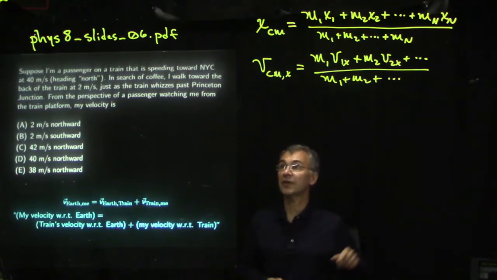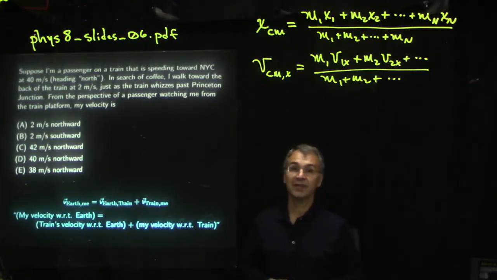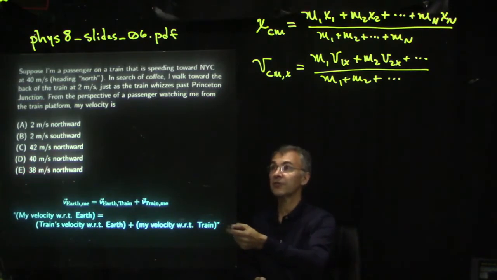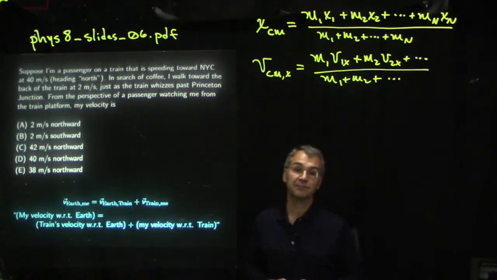So the train is going north at 40 meters per second. And meanwhile, I'm walking toward the back of the train at 2 meters per second with respect to the train. So the person standing on the train platform sees me moving north at 38 meters per second. Does that make sense?